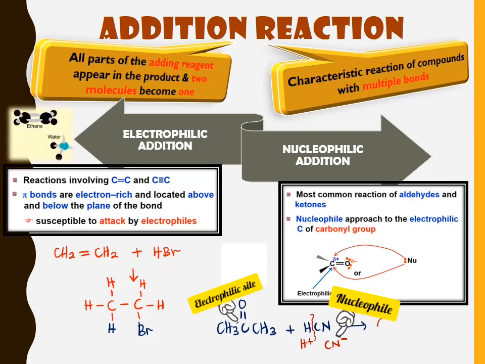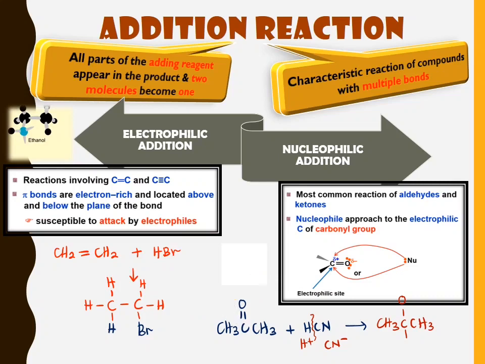So the product will become like this: CH3, CH3, CO. No more double bond here. So one bond we put at the bottom. So we are going to add HCN. H will attach to the oxygen because oxygen is the nucleophilic site.